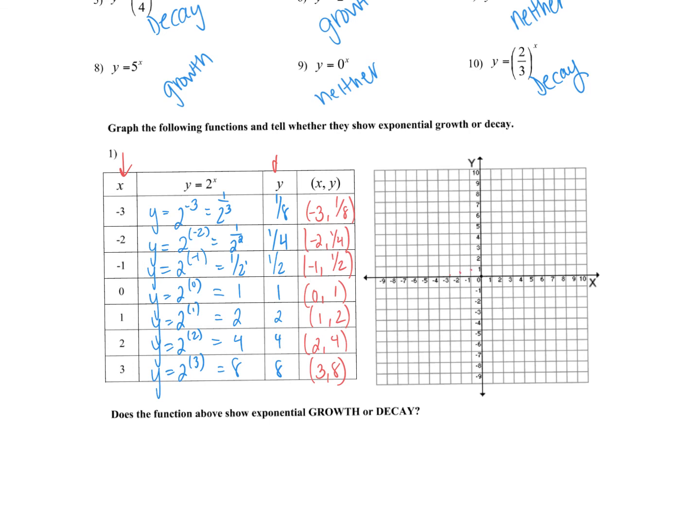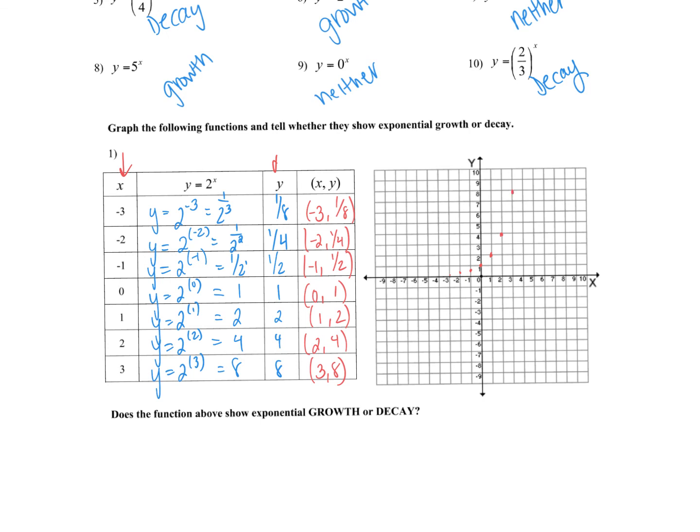I'm just doing my best, okay? And then these ones, you can actually make them look better. Sorry. I plotted the point wrong and confused myself. 2, 4, 3, 8. Okay?